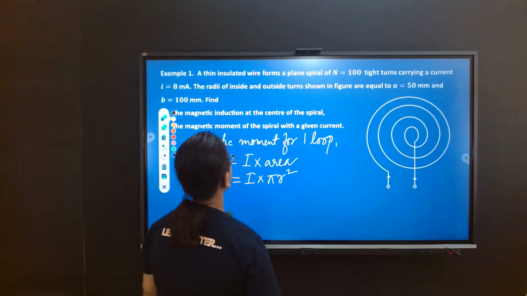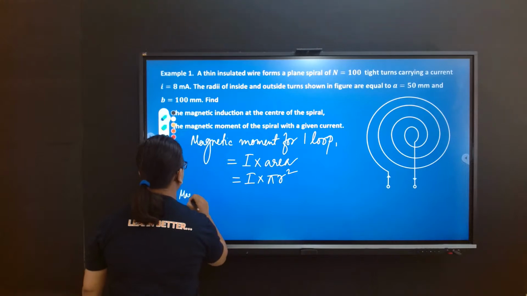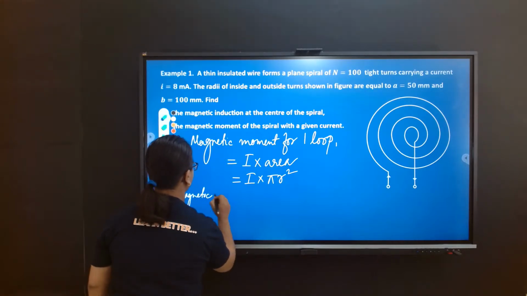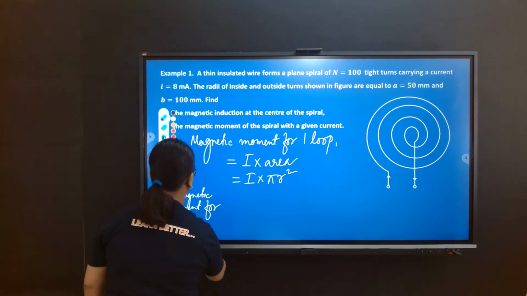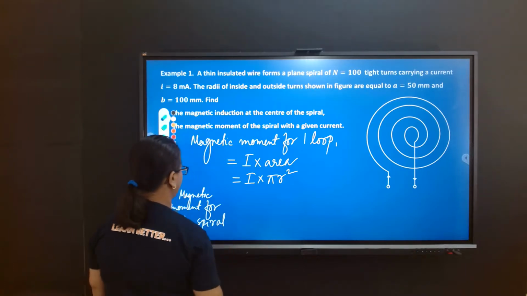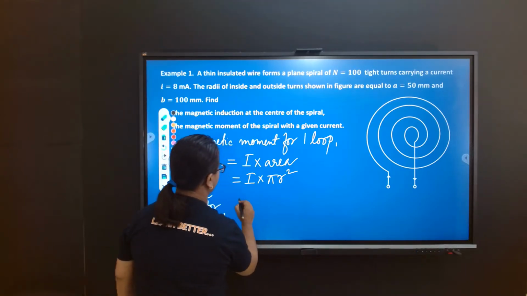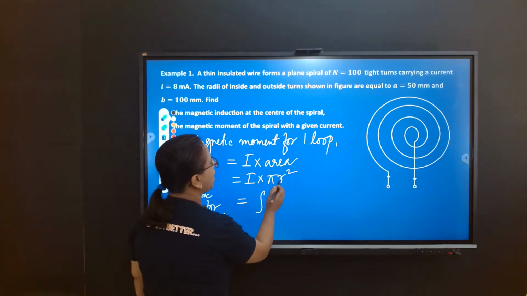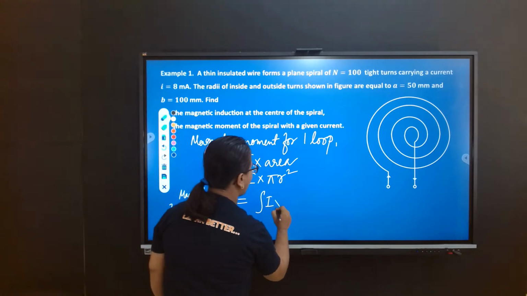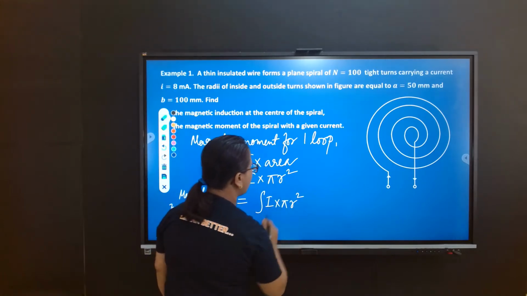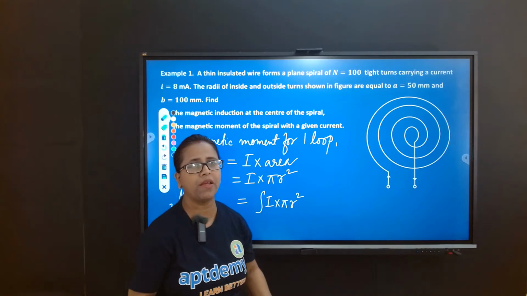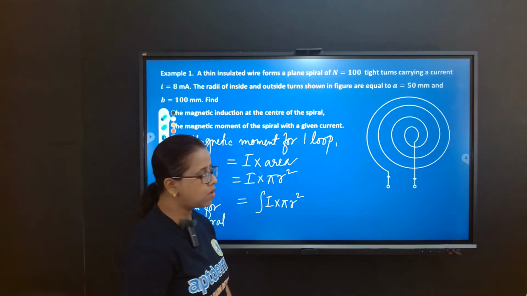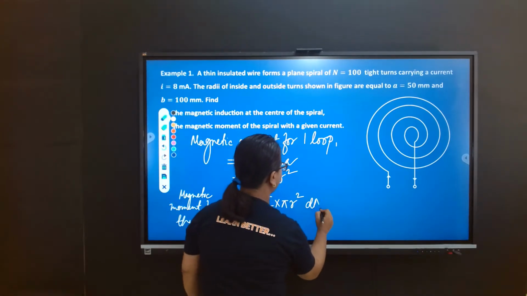Now when we need to write down the magnetic moment for the spiral, it is written as integration of that for one loop, that's I times pi r square, and we need to multiply that with the total number of turns, which is dn.